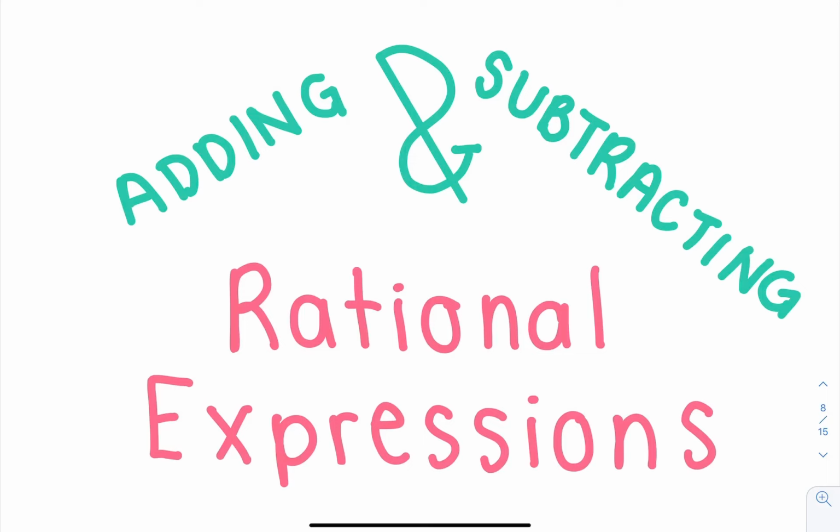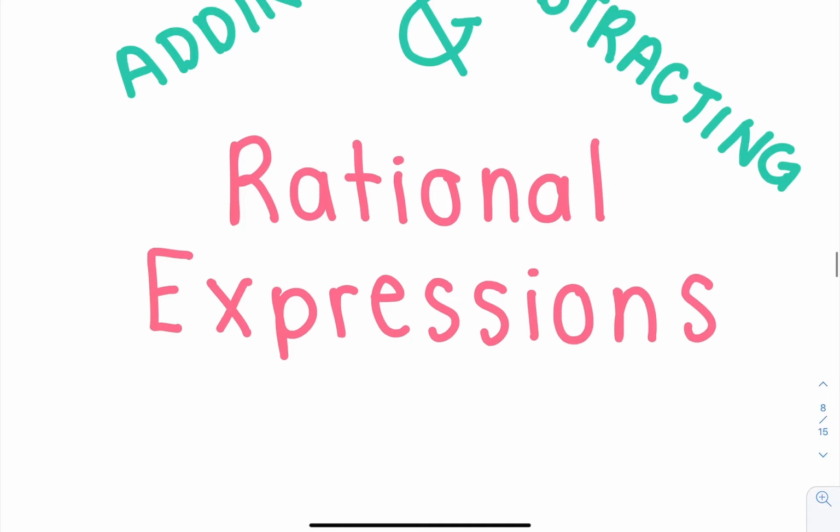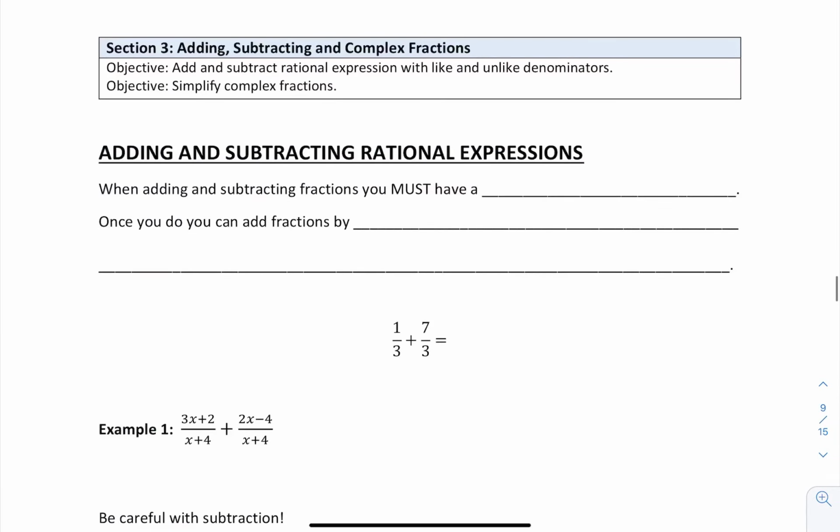Today we're going to be learning about how to add and subtract rational expressions. So when you are adding rational expressions or fractions and subtracting fractions, you must have a common denominator.